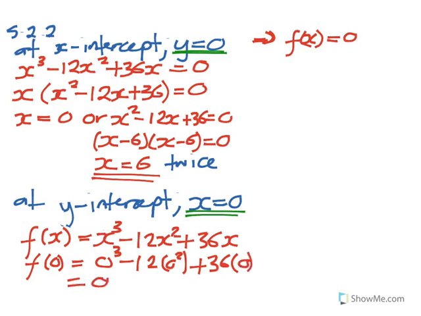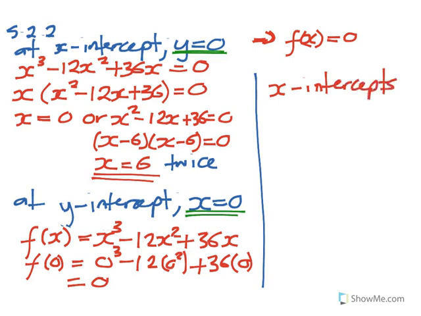So now these are the intercepts. So the x-intercept, you can finish up your answer like this and say x-intercept: x is equal to 0 or x is equal to 6 or x is equal to 6, because they are twice.